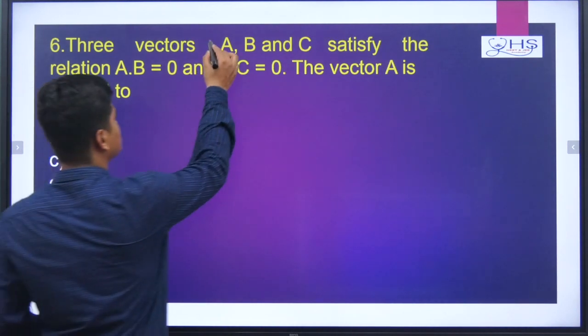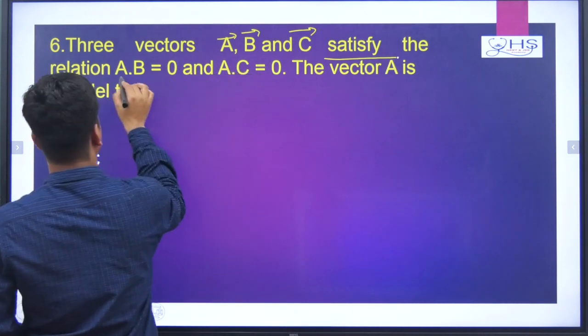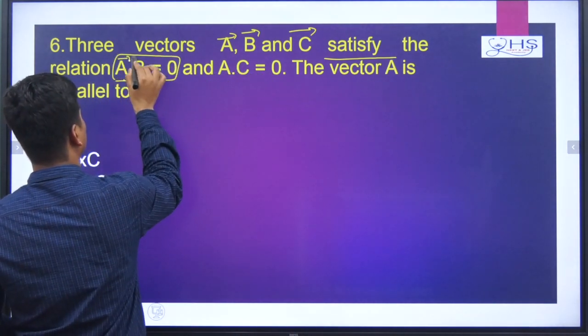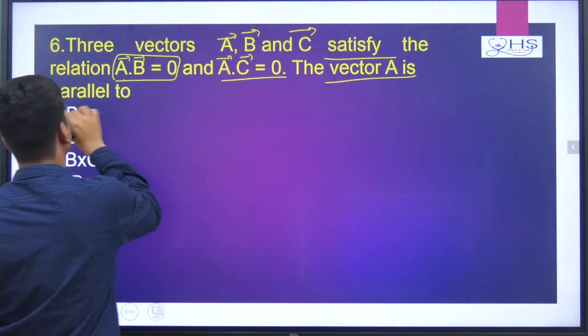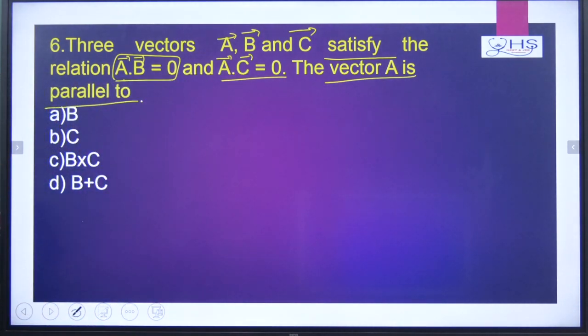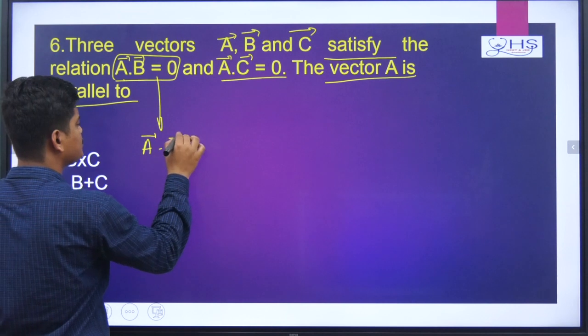If three vectors A, B and C satisfy the relations A dot B equal to 0 and A dot C equal to 0, then the vector A is parallel to how much? Now understand the concept. Here they are telling A dot B is 0.